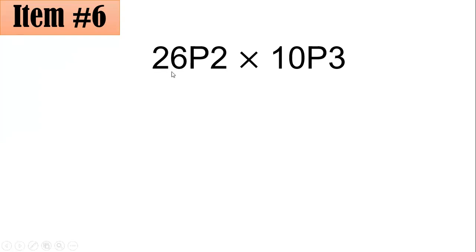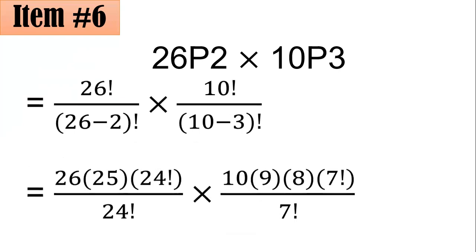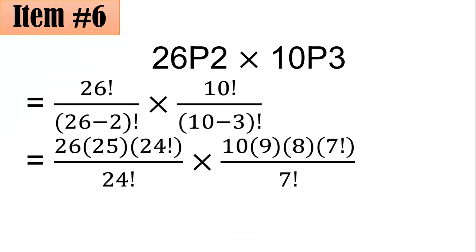So there are 26 permutation 2 ways to select the 2 letters. And for the 3 digits, we know that it's from 0 to 9, and there are 10 digits. And you're going to choose any 3 of them without repetition. So that's 10 permutation 3. 26 permutation 2 simplifies to 26 times 25 times 24 factorial all over 24 factorial, times the value of 10 permutation 3, which is 10 times 9 times 8 times 7 factorial all over 7 factorial.